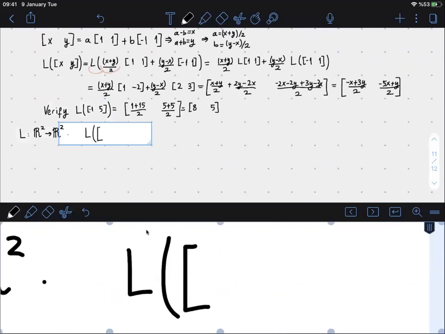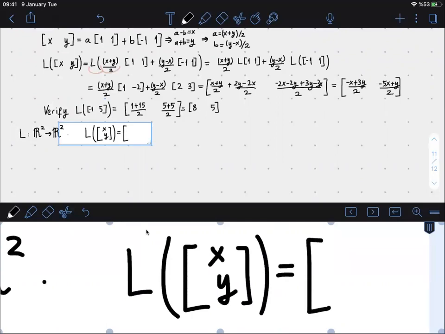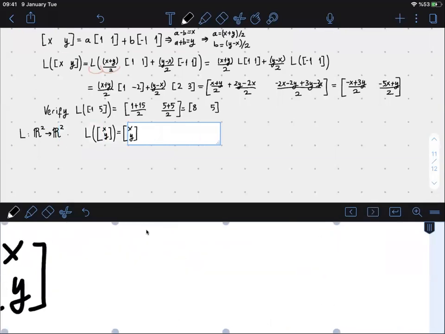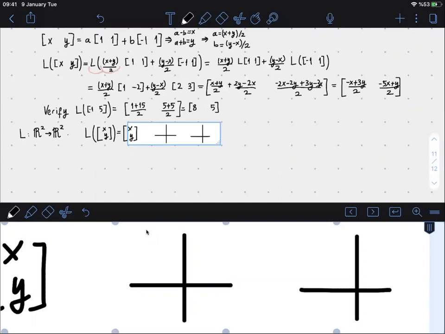For example, let's consider this map. It takes a vector (x, y) and sends it to itself. So what this transformation is doing is sending each vector to itself, right?